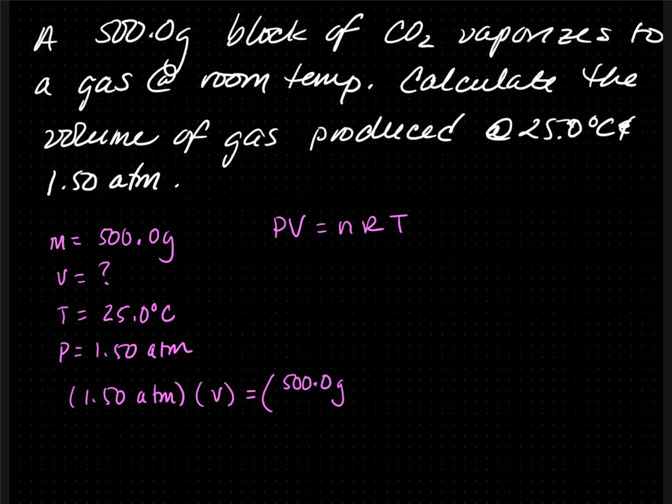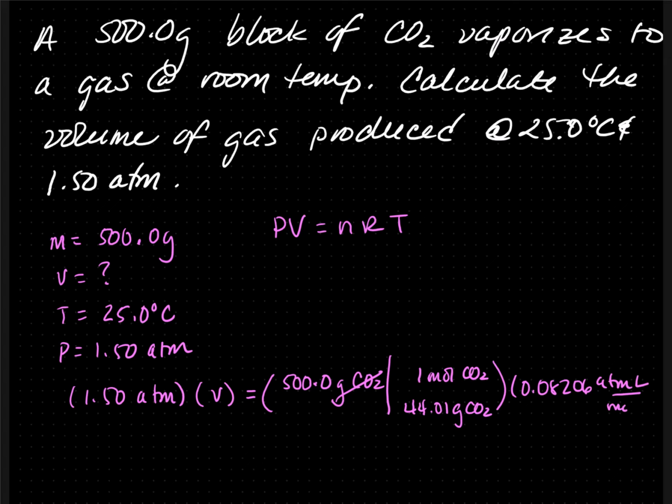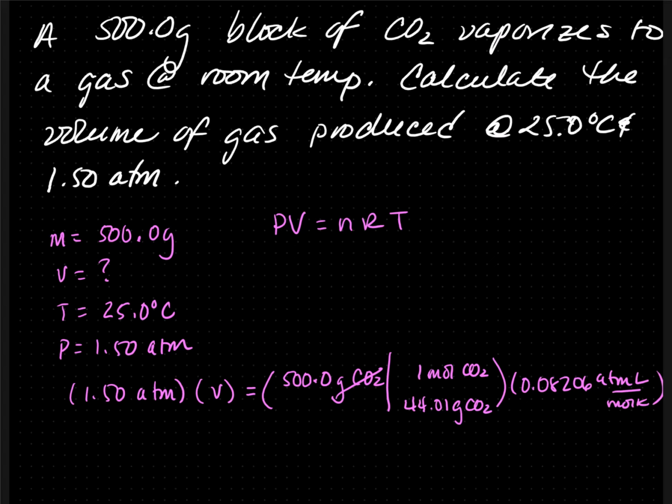So 500 grams of CO2, with 44.01 grams of CO2 to 1 mole of CO2. The gas constant is 0.08206 atm liter per mole per Kelvin, times the temperature, which is 25.0 degrees Celsius and needs to be converted, so you need to add 273.